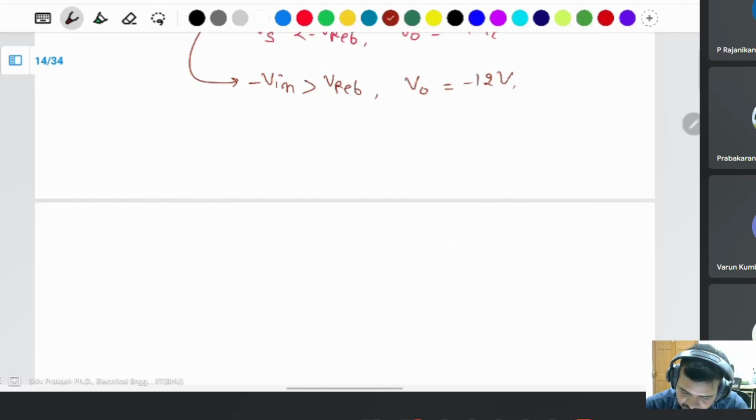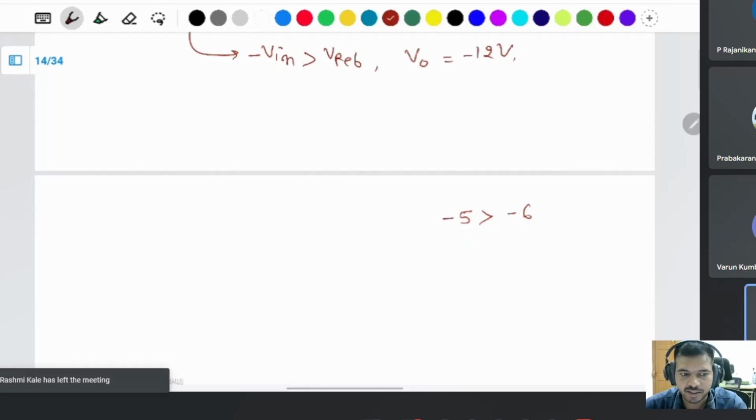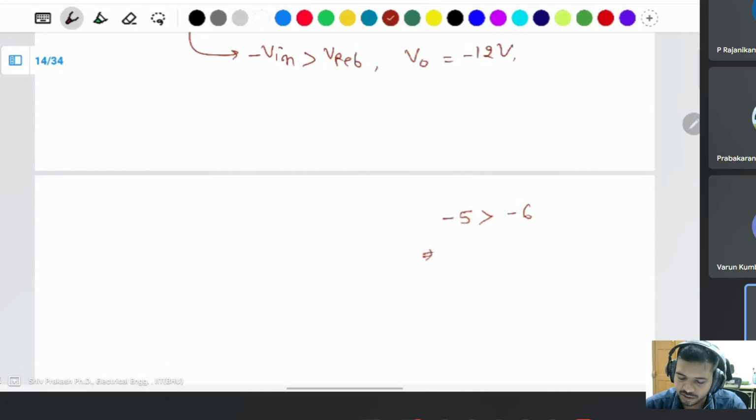Suppose some value is there, like minus 5 and minus 6. Minus 5 is greater than minus 6. If you multiply by a negative, then what happens?